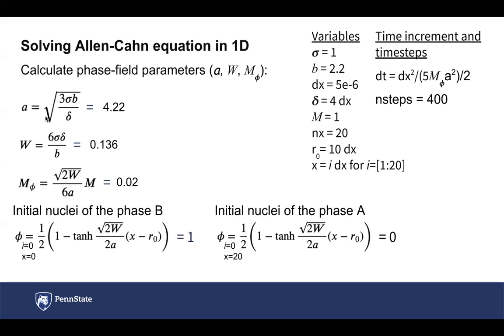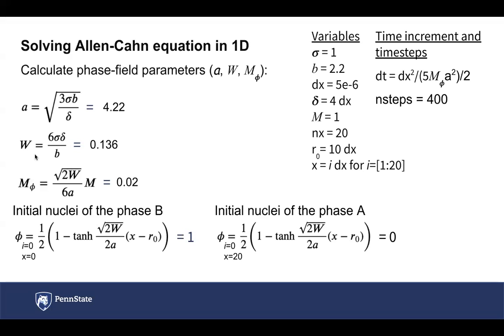A is the gradient energy coefficient, which is the root of 3 times the interfacial energy sigma times B, which is a constant based on the thickness of the interfacial region. And then this is divided by delta, which is our interfacial thickness.